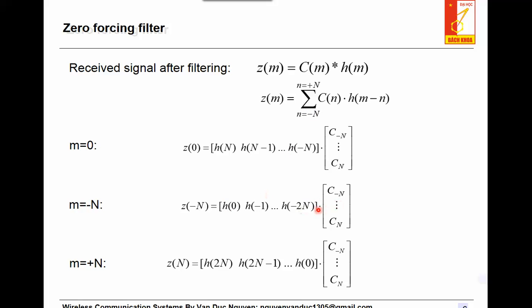It's a little bit mathematical, but it's not difficult, because you just observe for m equal to 0, m equal to minus N capital, and m equal to plus N capital, and we have the following equation here.